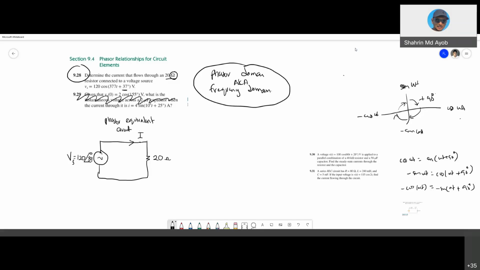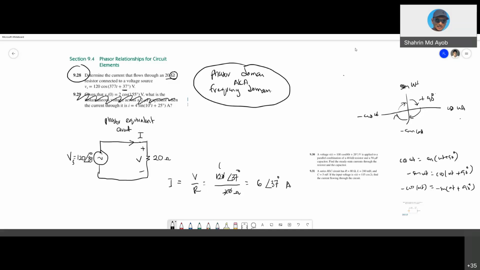So this is a very simple circuit. Your I is equal to V over R. So right now your V is Vs. So 120 at 37 degrees over 20 ohm. I think you should get around maybe 6 at 37 degrees current.